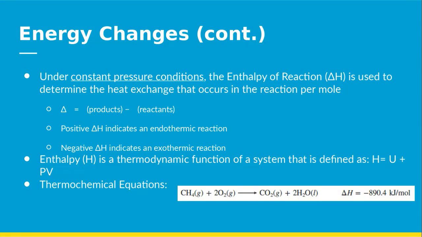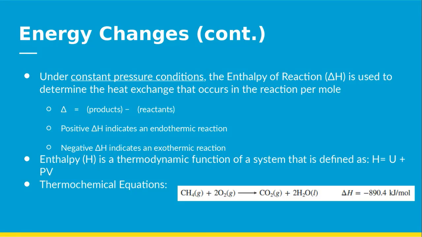Looking at that first equation we have over here for delta H, what that's saying is that the enthalpy, which is a thermodynamic function and has a proper definition, is getting a little bit more into thermodynamics, so I don't want to get too far into it. But you can treat it like energy for now.